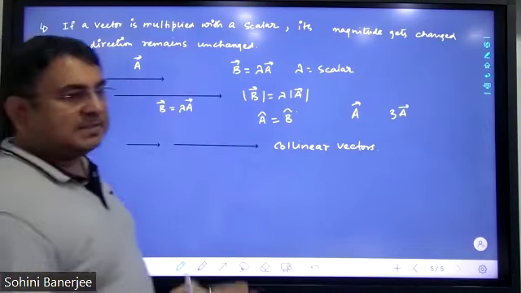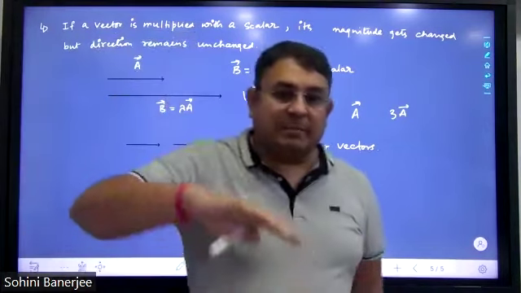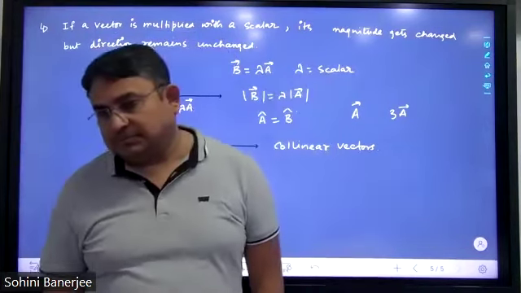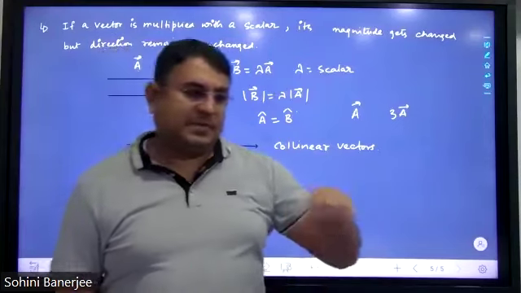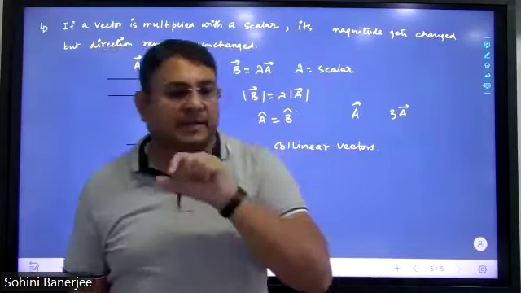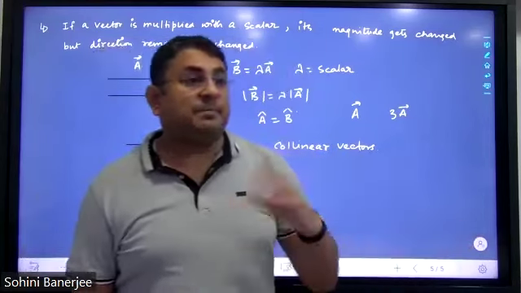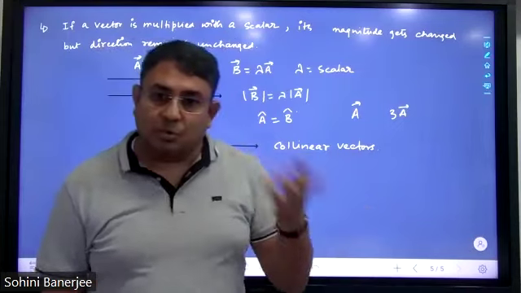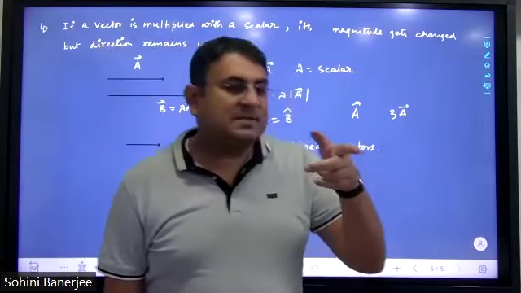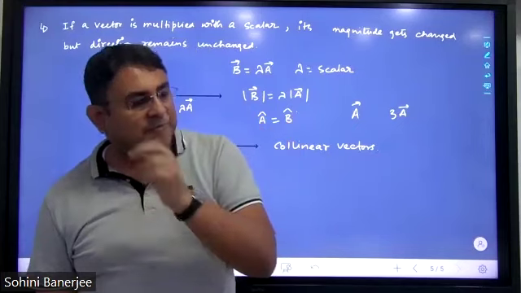You can say collinear means along the same line, or you can make it more general, they are parallel. Right? Specifically, the word collinear vectors means they are along the same line. That's fine. But you can even say them to be parallel. And how to know it? If one vector is a scalar multiple of another vector.